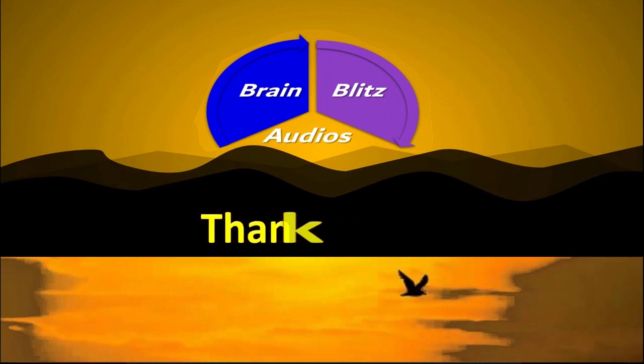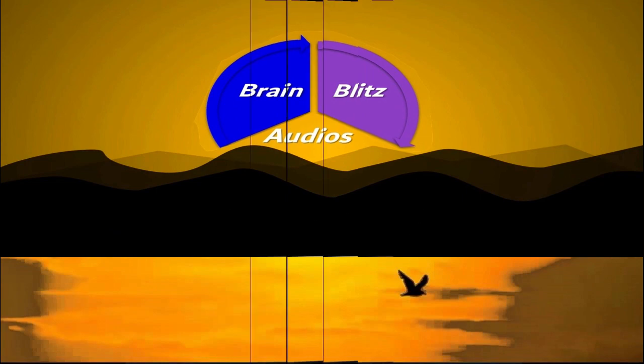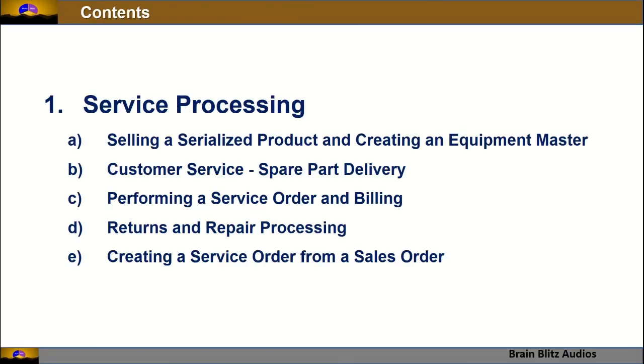So, now in the next session we will go and look into the next scenario. So, what is the next scenario like? Here the next scenario is customer service spare part delivery. So, we will look into the transactions that belong to it, and then how to do it.